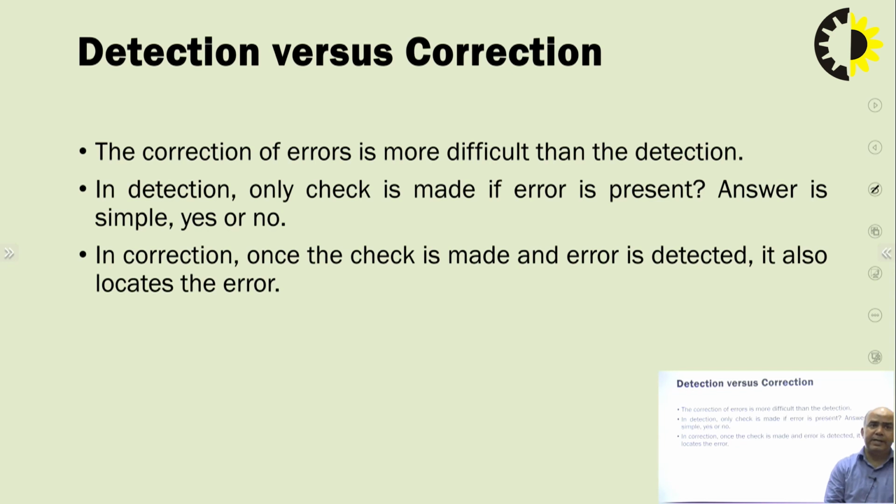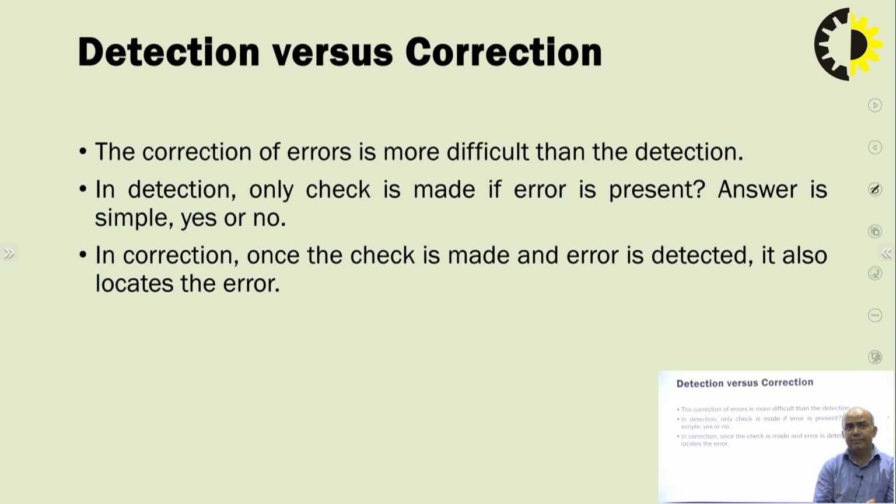The answer is simply yes or no. For this, we need to identify at what positions the bits have been changed. However, correction is more difficult, because once the check is made and the error is detected, it also needs to locate the errors.